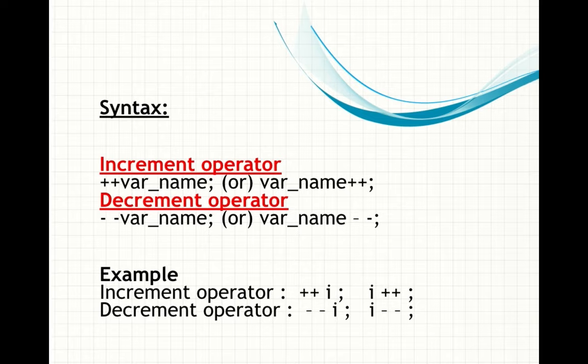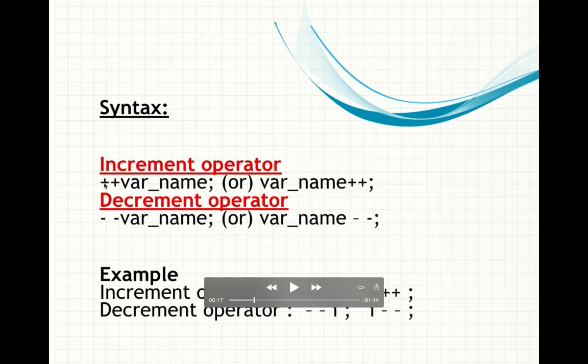Now a into b. This into is again a binary operator because it requires two operands, a and b. Whereas here, this plus plus is a pre-increment operator which requires only one operand. So we call this a unary operator.